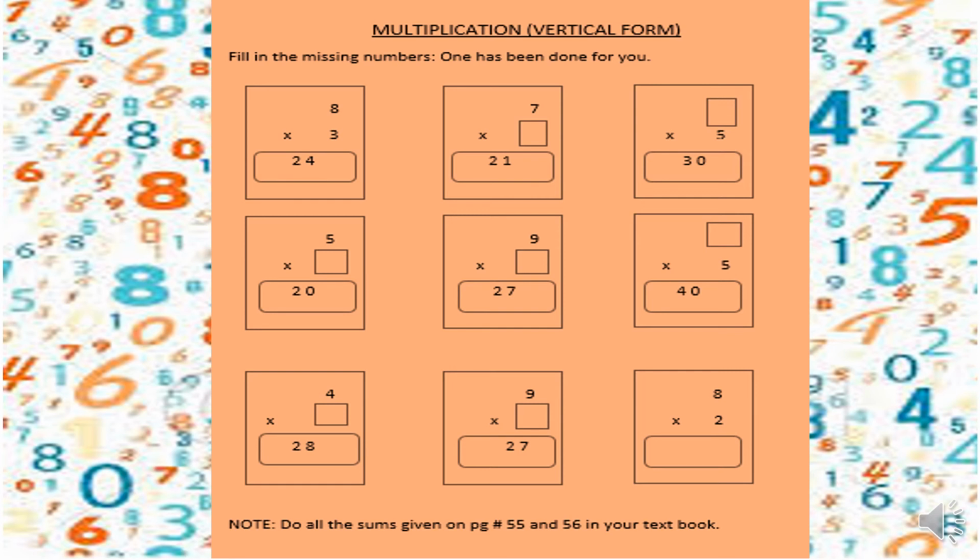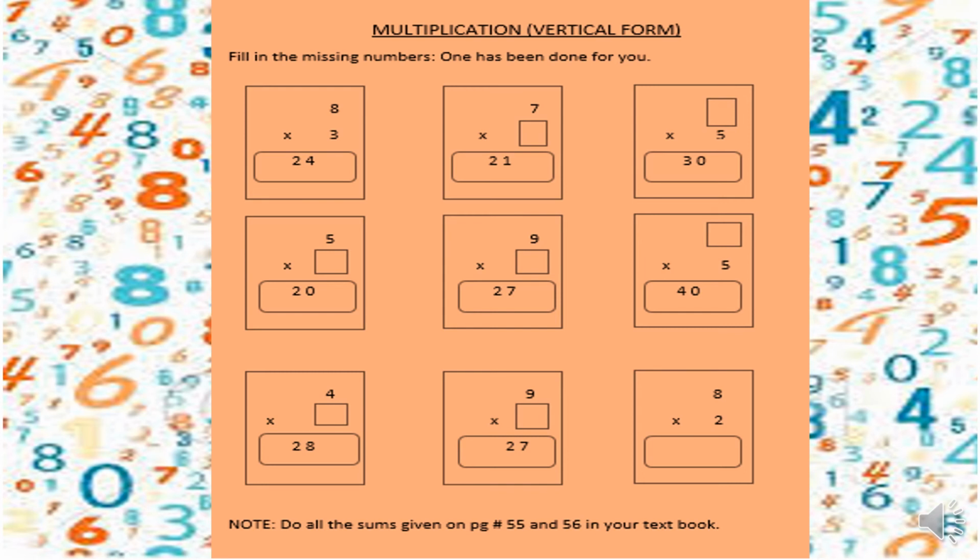Similarly, how many times 5 equals to 30? You know 5 6s are 30. So here in this box you will write 6. Again, how many times 5 equals to 20? So you will write 5 fours are 20. So 4 times 5 equals to 20. In this box the missing digit is 4.